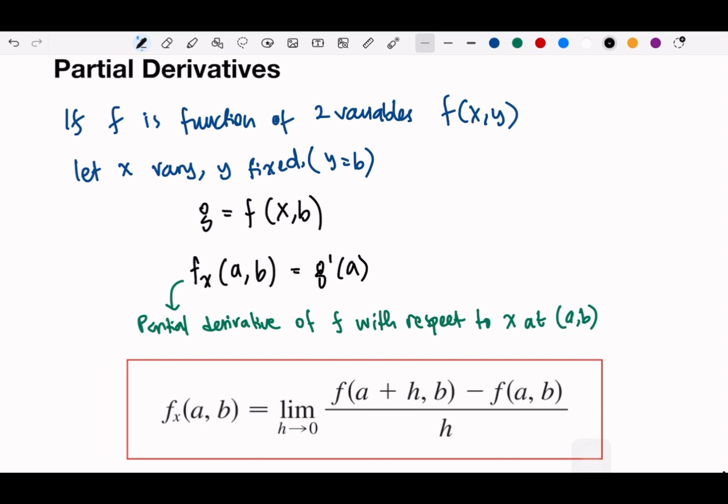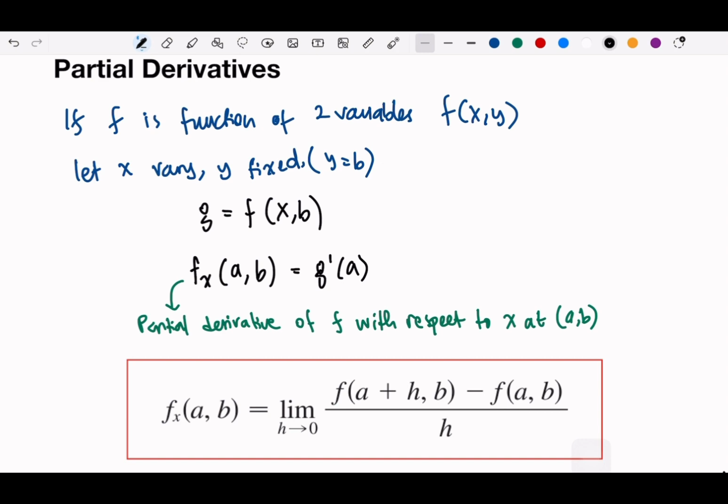Before the break, let me make sure that we have this introduction first. Suppose that for a function of two variables, one of them we take as a fixed point, for example y. Let's say taking b as a constant. So let's introduce another function g, which is f(x, b).